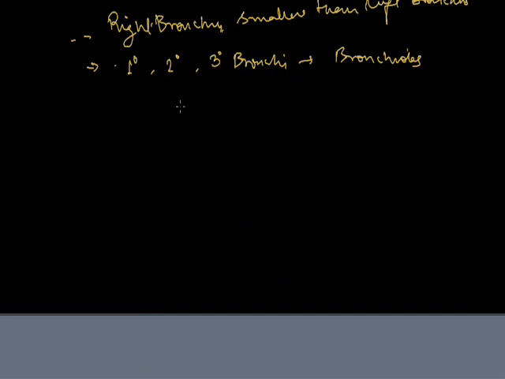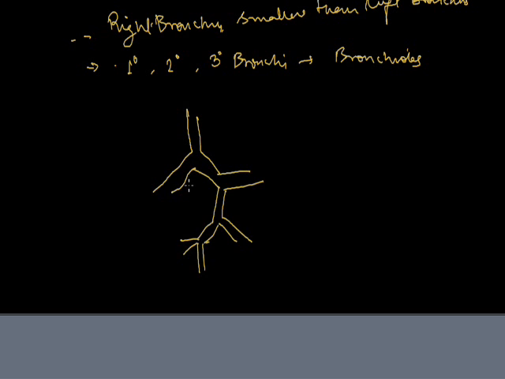Structure-wise, if we see the bronchus, we'll find this kind of structure. Here this is the trachea, where C-shaped cartilaginous rings are there. This is the tracheal part. This trachea is again opening into the bronchus. This one is the bronchus.